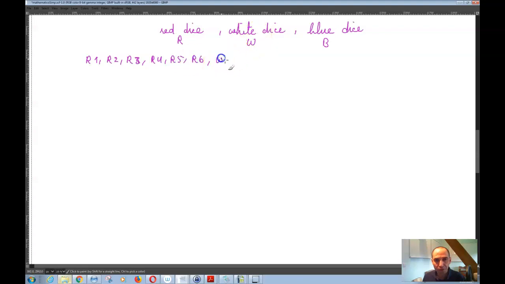And then you could also get W1 through W6. And then you could get B1 through B6. And that would be the sample space of this experiment.